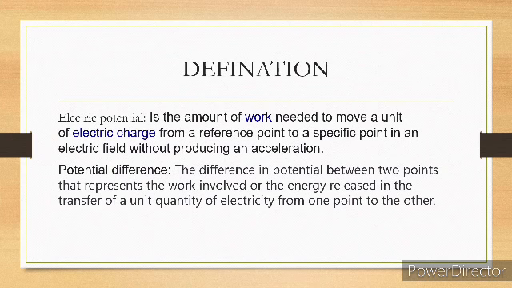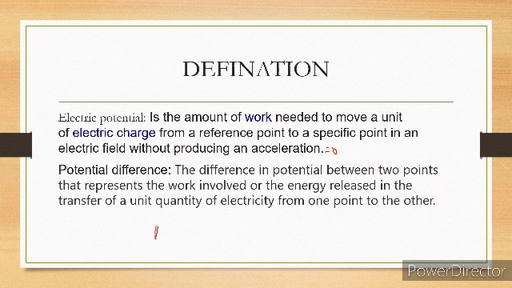Which means the acceleration will be zero. Here we calculate the electric potential by the amount of work. By using electric potential we can find out the work you require to move an electrical charge.